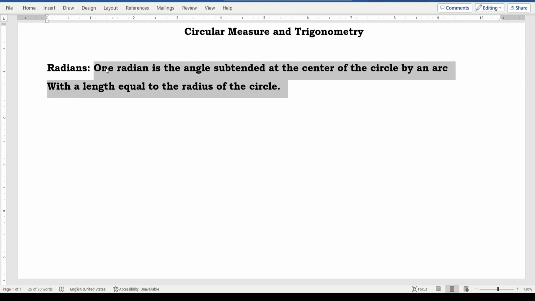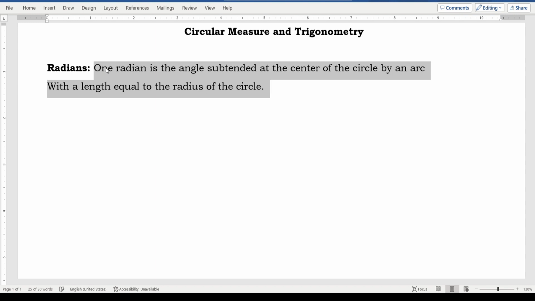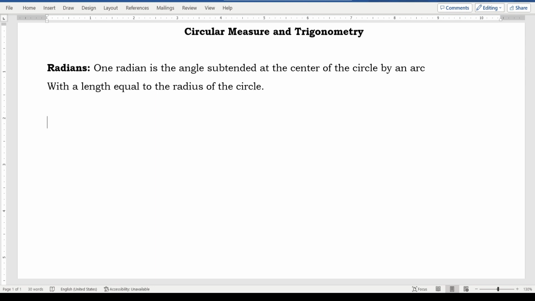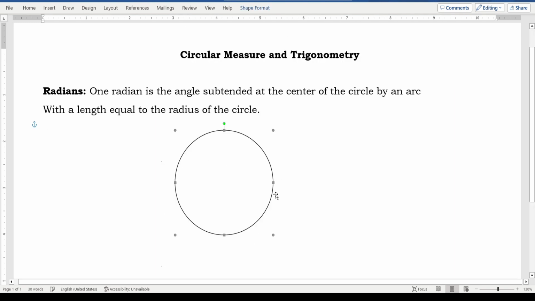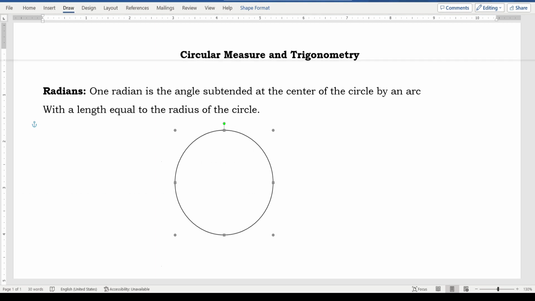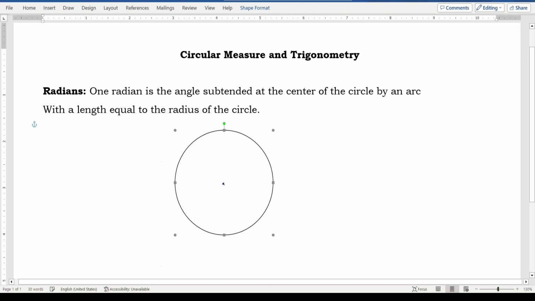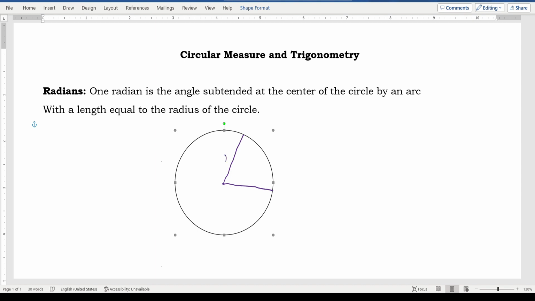Okay, so I draw this one simply so you will understand. For example, suppose this is the circle. The center of the circle is this point, and suppose I draw another line. So this is the radius and this is the radius.